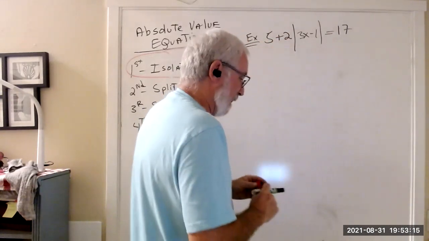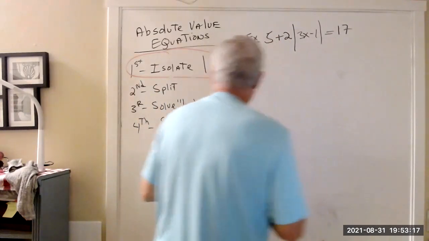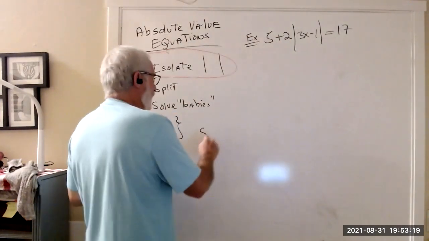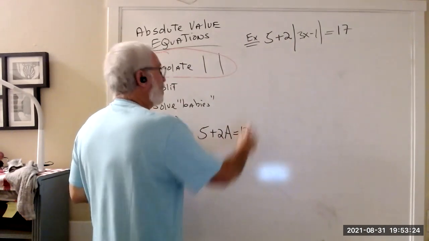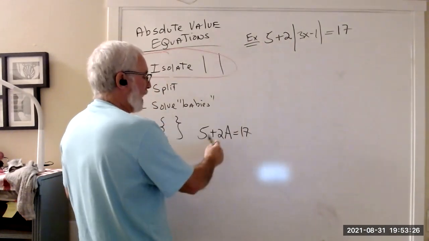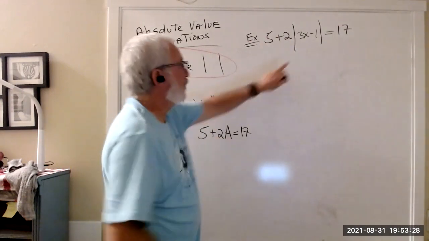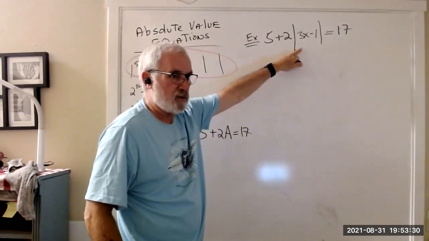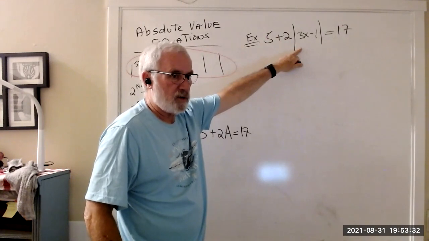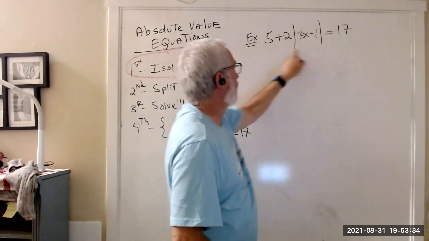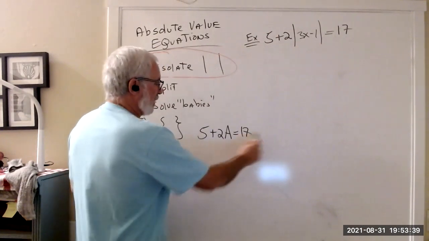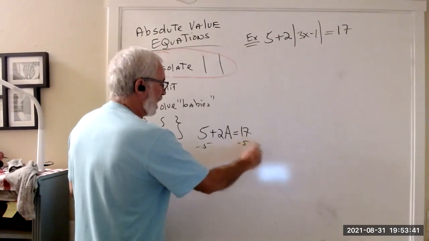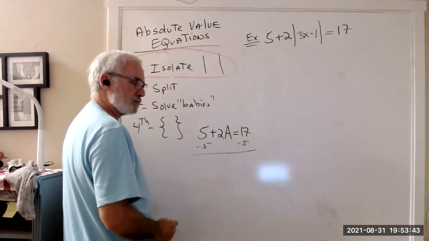Okay. So this is what I see in this problem, where capital A stands for the absolute value. Instead of writing this big ugly problem, I see a simpler looking problem. So I say in this problem, I would take 5 away from both sides.